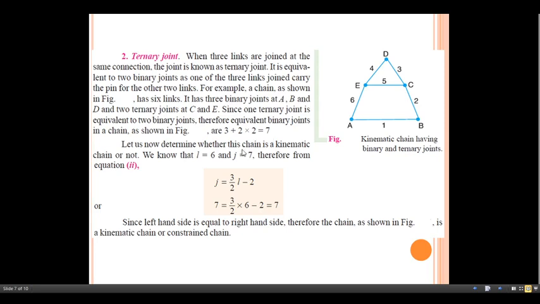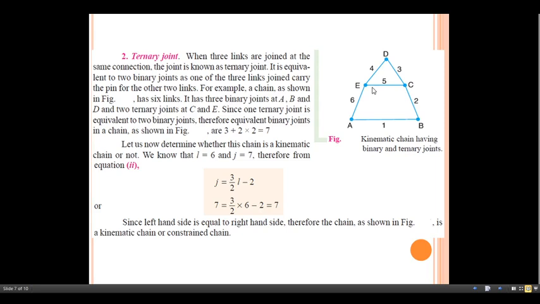Let us now determine whether this chain is a kinematic chain or not. For that, we know the number of links is 6, and the number of joints we already found is 7. It is very important to identify the ternary and binary joints.